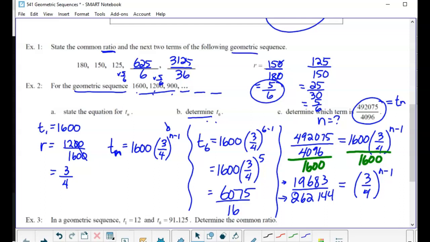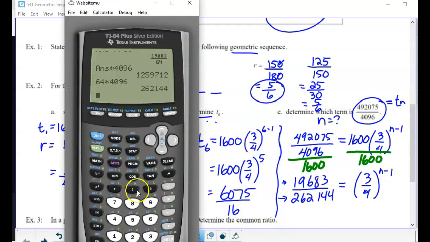Yeah, so let's try. So 4 to the, I don't know, let's go 4 to the 10. Okay, that's too big, so 4 to the 8. Okay, times 4, 4 to the 9. There you go. So 4 to the 9 is that denominator.